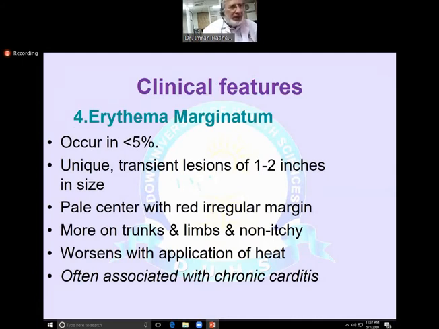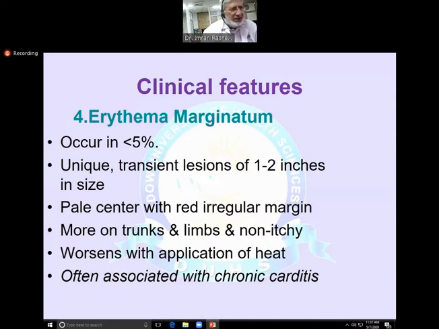Now, in the clinical features, after arthritis, carditis, Sydenham's chorea, the fourth clinical feature of rheumatic fever is erythema marginatum. It occurs in less than 5% of patients. It's a unique transient lesion of 1 to 2 inches in size, pale center with red irregular margins, more on trunk and limbs, and non-itchy.